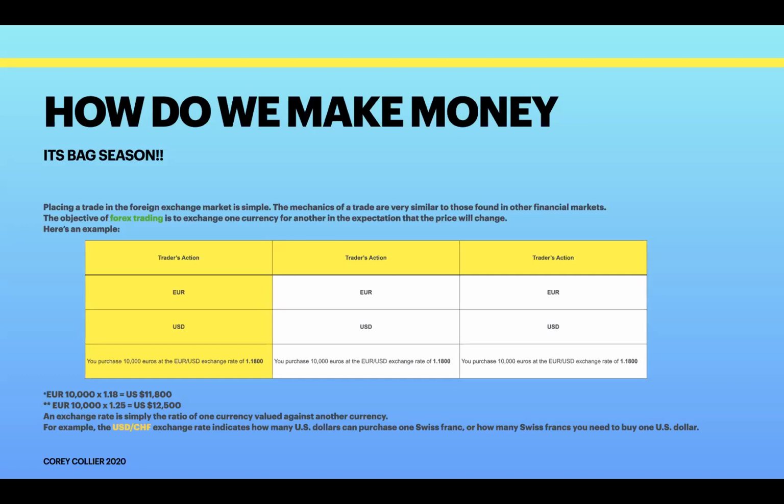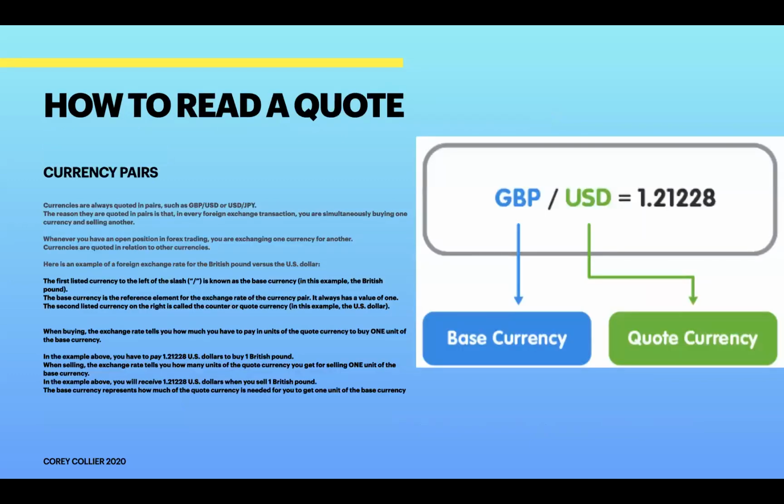I can't use that example right now. Okay, so we'll use another example. We'll skip that part. So how to read a quote. Hey, Brian, can you make a note that I need to correct that, please? Appreciate you. All right, how to read a quote, guys. Which part? It's the example, the Euro USD example on how do we make money.